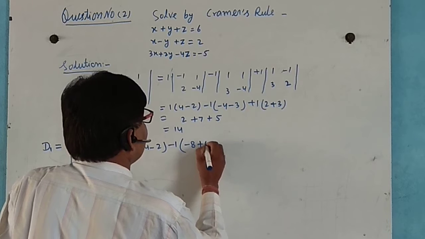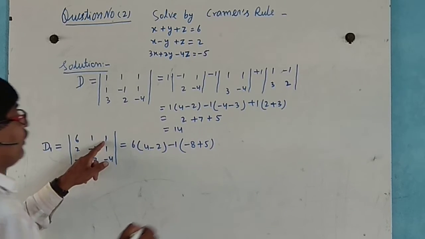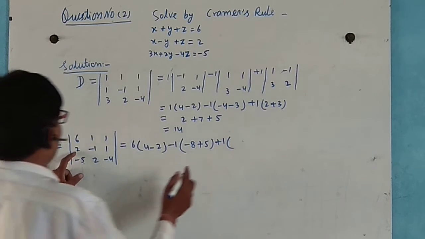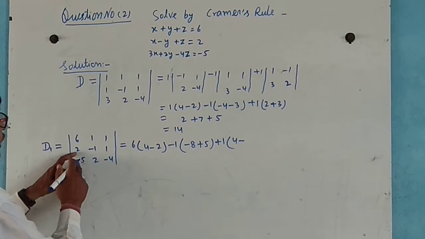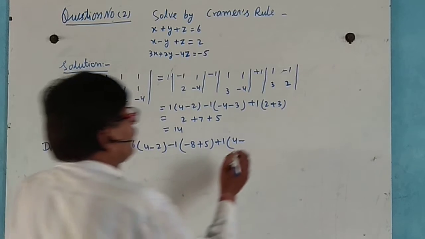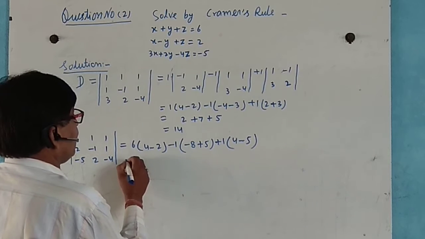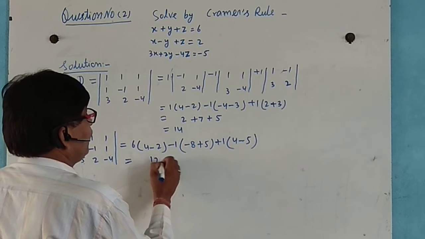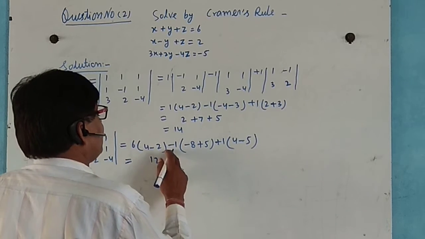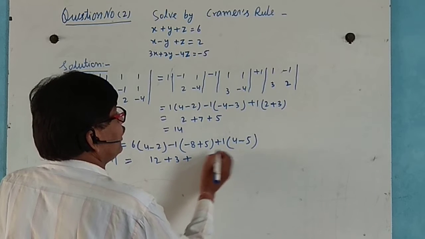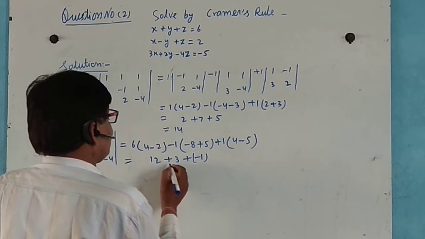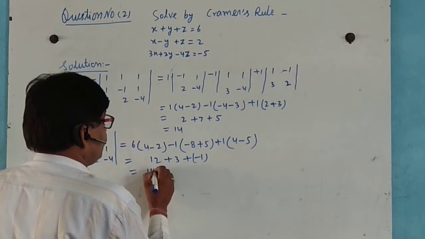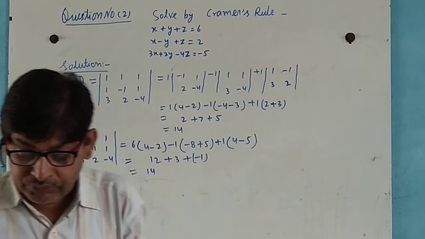Then plus 1 deleting its row and column, 2 times 4 and minus 5 gives plus 5. Now 6 times 2 is 12, and minus 3 and plus 3, and minus 1, so this is 12 plus 3 is 15 minus 1, equal to 14, so D1 equals 14.